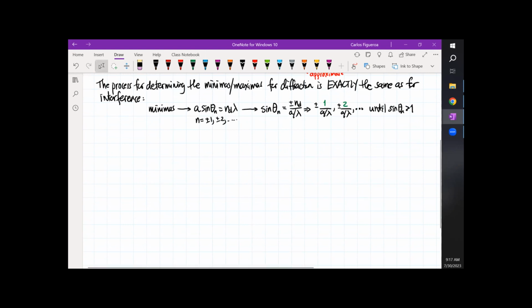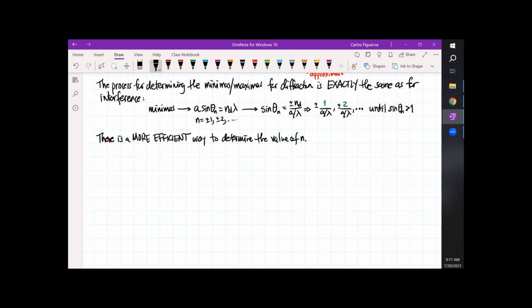Now, there is a more efficient way to determine the value of n.